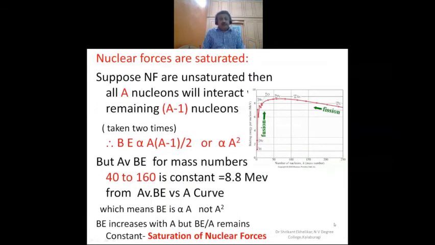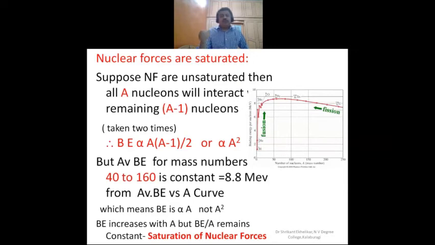To understand saturation, I made a remark earlier about the binding energy curve. First, we suppose that nuclear forces are unsaturated. We know that they are saturated, but we will start with a contradictory statement.